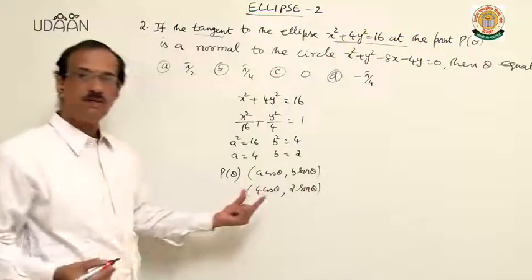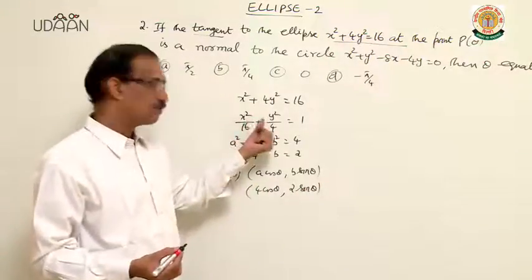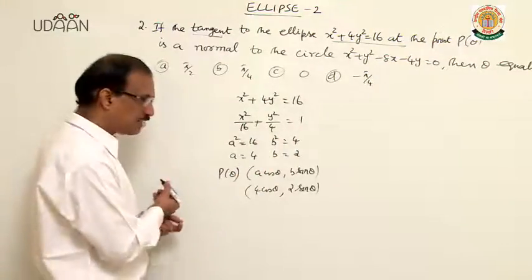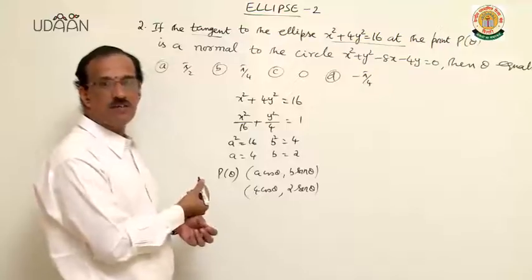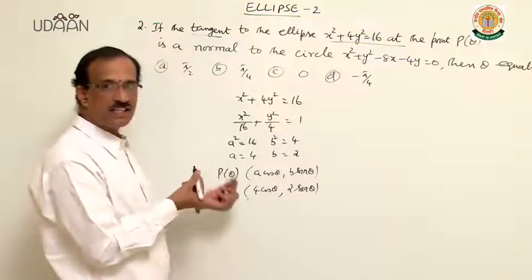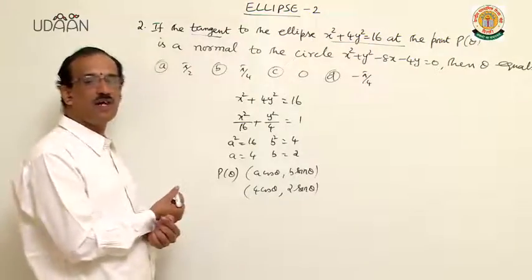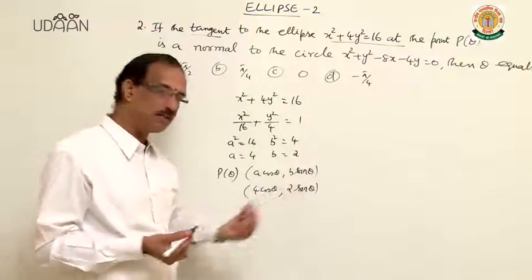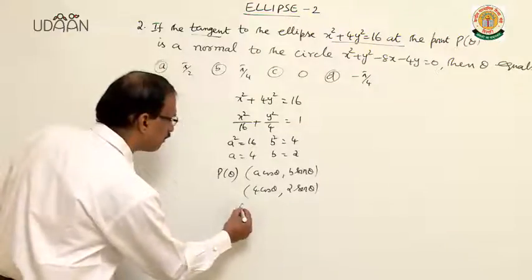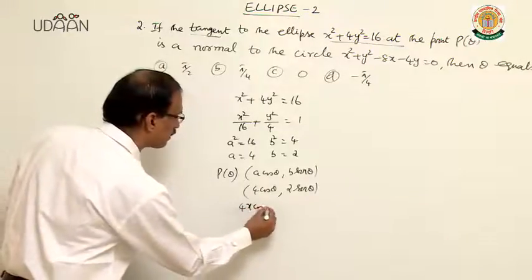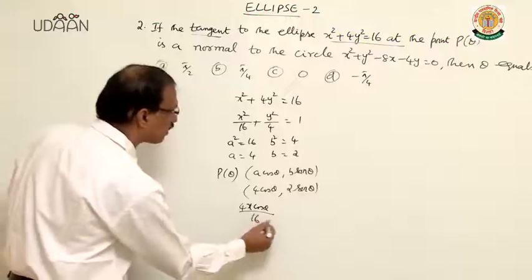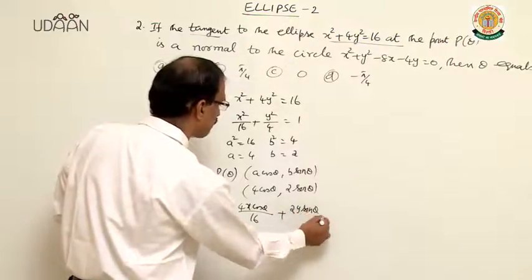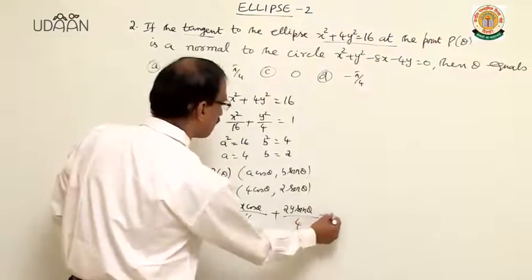At this point, what is the equation of a tangent to this ellipse that we have to see. The equation of a tangent at the point x1 y1 is x x1 by a square plus y y1 by b square equal to 1. So it can be 4x cos theta upon 16 plus 2y sin theta upon 4 equal to 1.